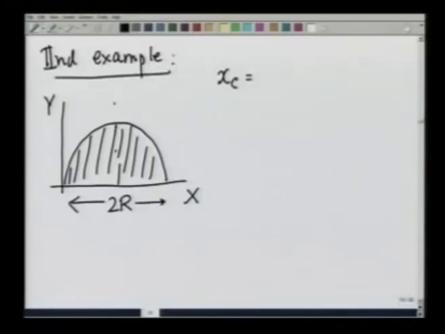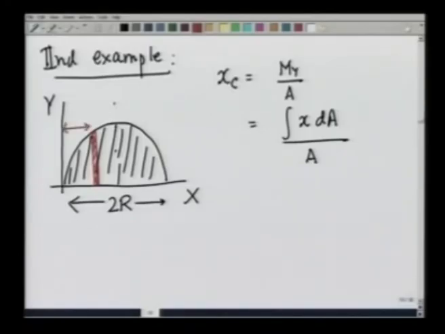So again, xc is going to be equal to my over the total area. To calculate my, we do integration x dA over the area. To calculate the dA, I take a strip like this, which is a vertical strip at a distance x from the y axis.